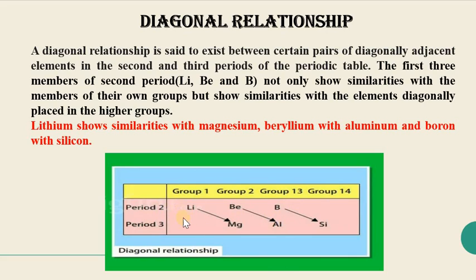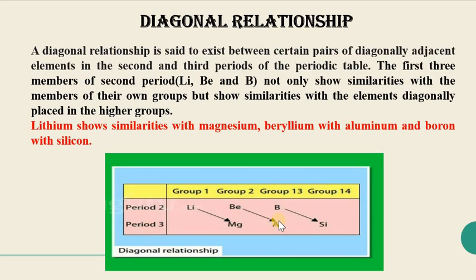But apart from these, they also show similarity with their diagonal members. Magnesium is diagonal to lithium. So lithium and magnesium have some similar properties. Then beryllium is present diagonally to aluminium.